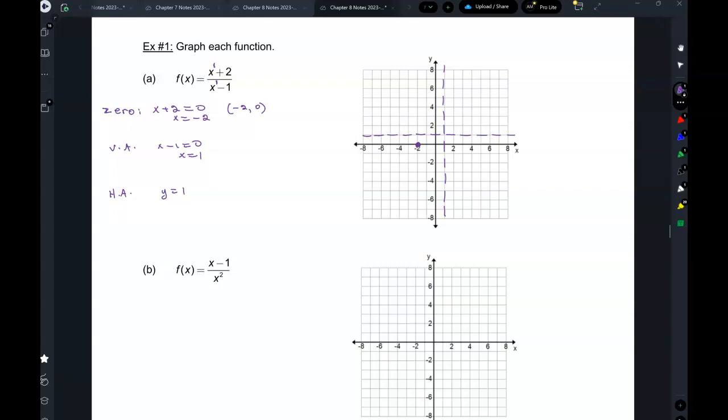One other thing I would like for you guys to find is the y-intercept, okay? So the y-intercept is when x equals 0, correct? So to find that, we say let x equals 0. That means we have y equals 0 plus 2 over 0 minus 1. Okay, so just plug in 0 for x. So y equals negative 2, which is at 0 comma negative 2.